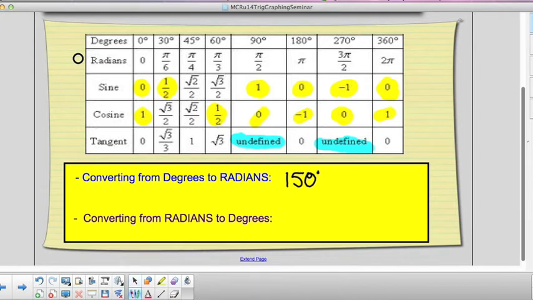So basically, you would always take whatever your degree measure is, and you are going to multiply it by pi over 180. Pi over 180. This is to convert from degrees into radian mode.